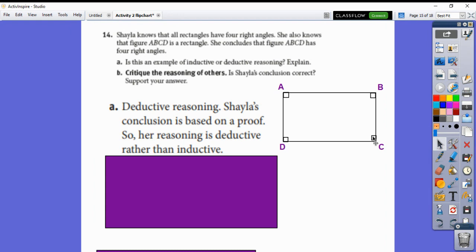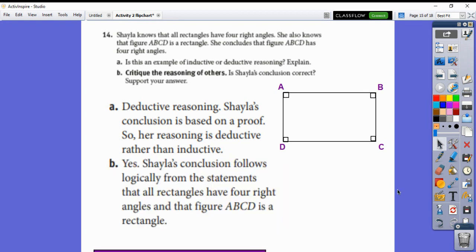So, is she correct in concluding that figure ABCD has 4 right angles? Well, if it's a rectangle and every rectangle has 4 right angles, then this quadrilateral should have 4 right angles too. Shayla's conclusion follows logically from the statements that all rectangles have 4 right angles and that figure ABCD is also a rectangle.